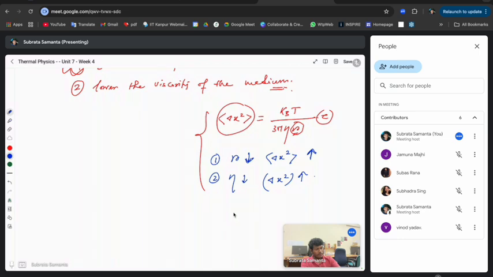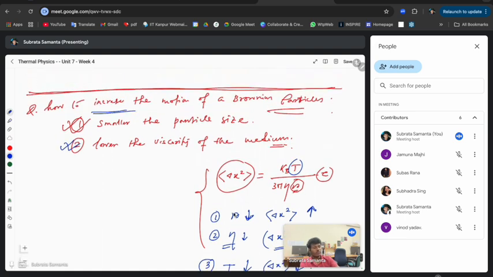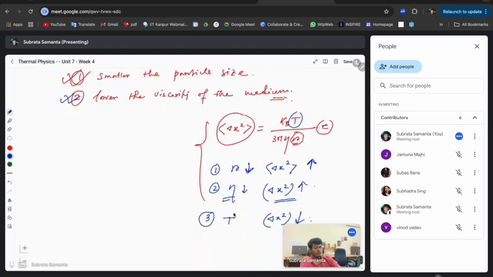If we decrease eta, delta x squared also increases. Third one is the temperature. Temperature is in the numerator, so if the temperature increases, delta x squared increases; if the temperature decreases, delta x squared decreases. Since I am talking about how to increase the motions of Brownian particles, I will denote the increase side.